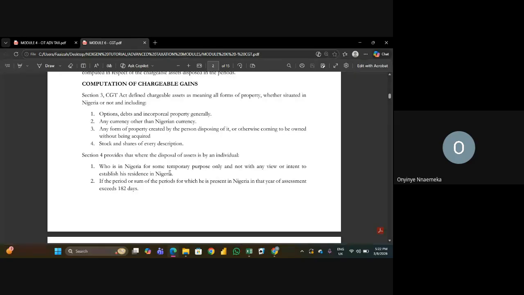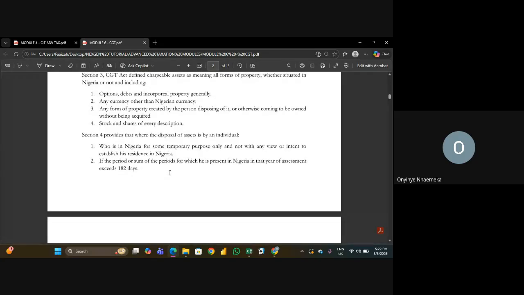Now, Section 4 provides that where disposal of assets is by an individual who is in Nigeria for temporary purpose only and not with any view or intent to establish his residence in Nigeria, if the period or sum of periods for which he is present in Nigeria exceeds 182 days.